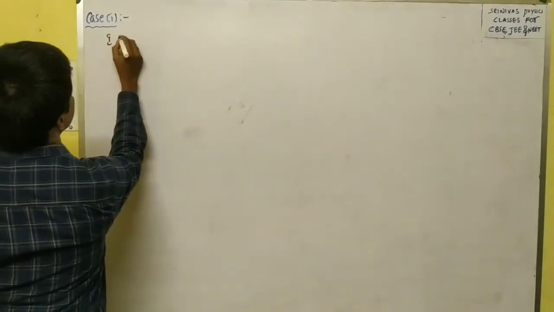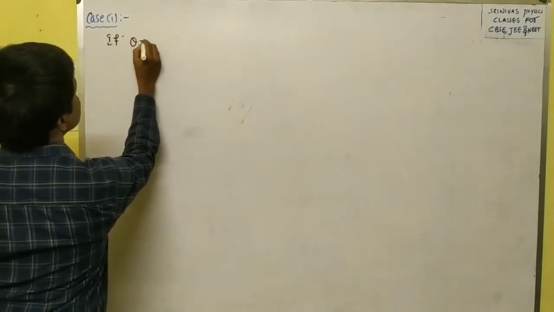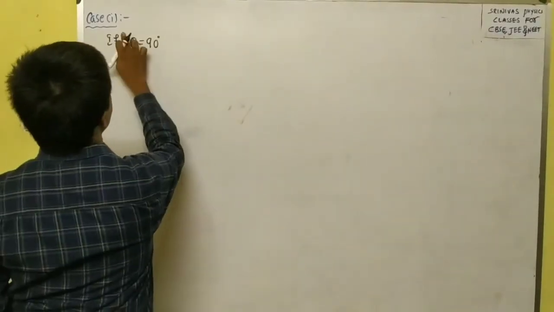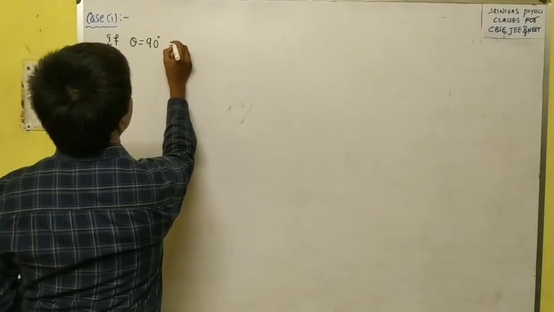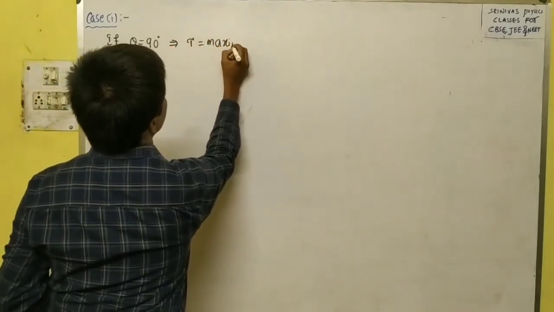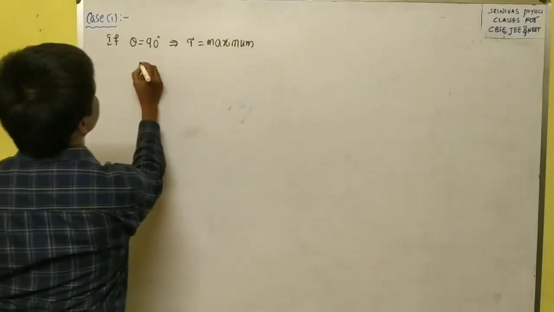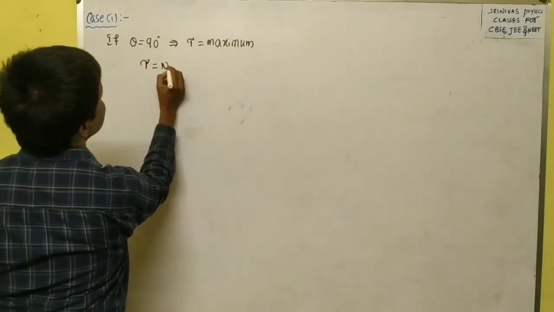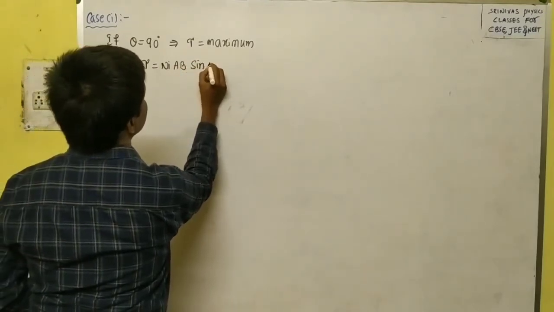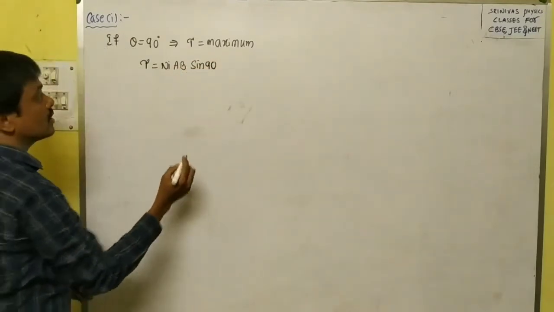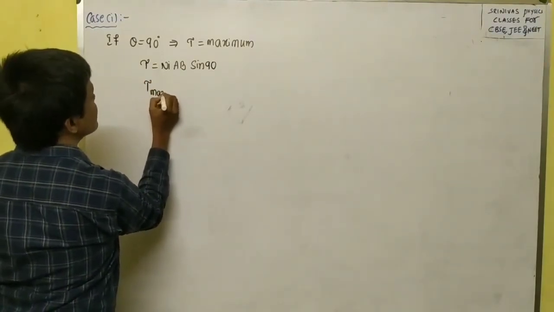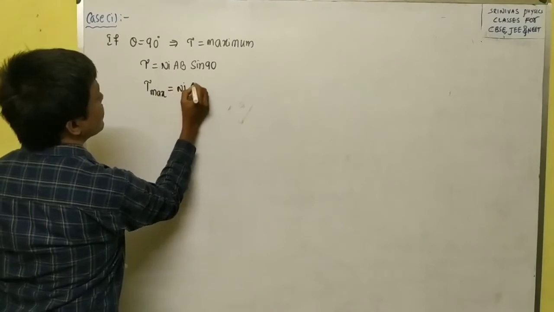If theta is 90 degrees, then the torque will be maximum, because the torque formula is NIAB sin theta. Theta is 90, so we get the maximum torque as NIAB.